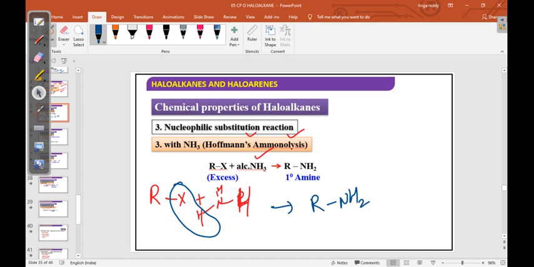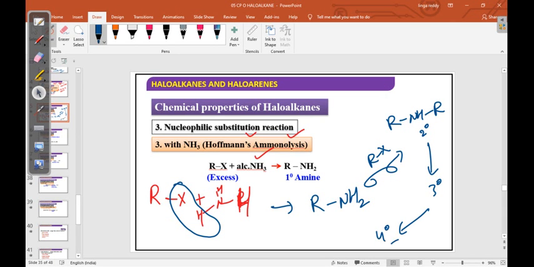If one more RX is there, then again you have to remove HX. Then you will get R2NH, a secondary amine, then it will give tertiary, then quaternary also. Quaternary I am writing here, R4N plus Cl minus.